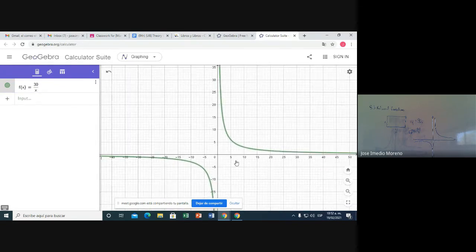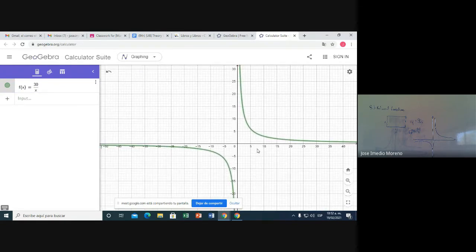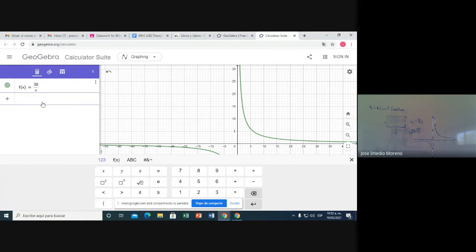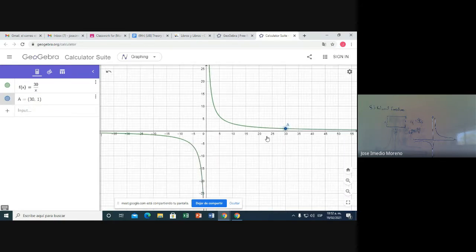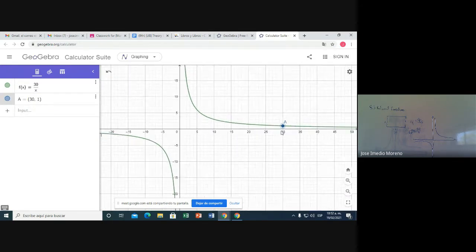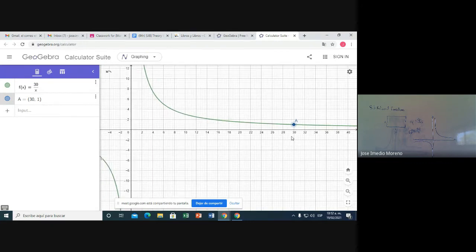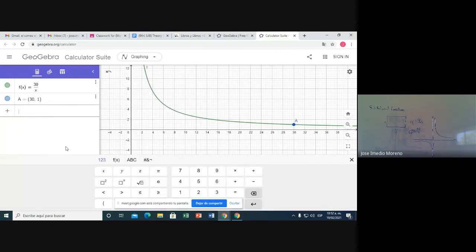So my pool, as we said, has a width of x and a length of y. So if my width is 30 meters, my length is 1 meter, because 30 times 1 is 30.